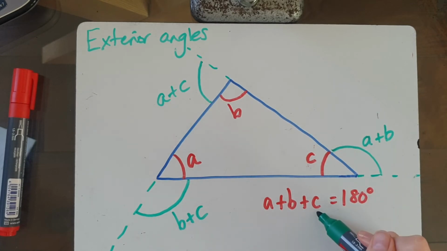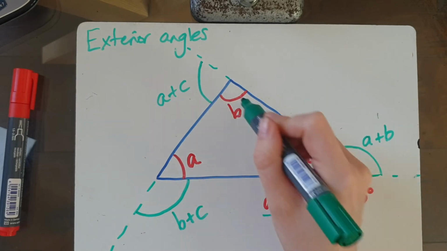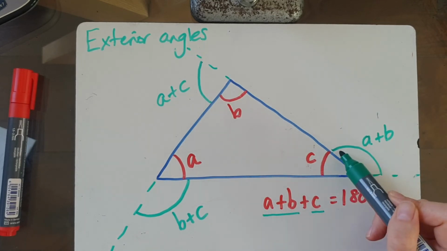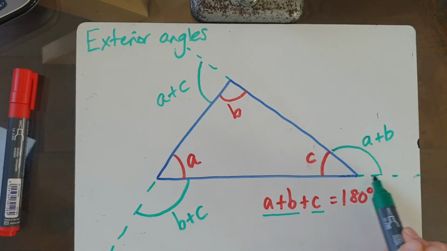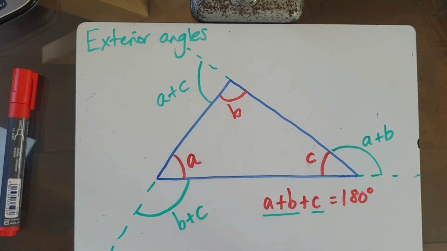But we know that to get to 180, we have to add C to A plus B because of angles in a triangle. So if C is the angle here, the remaining bit must be A plus B to get to 180 on a straight line, because it was A plus B to get to 180 in a triangle.